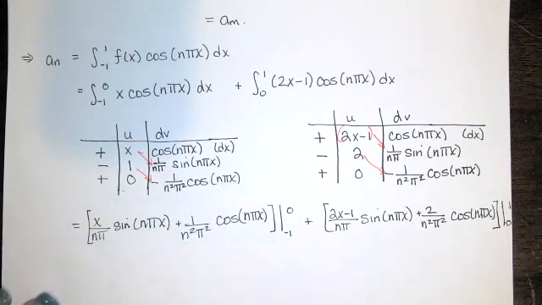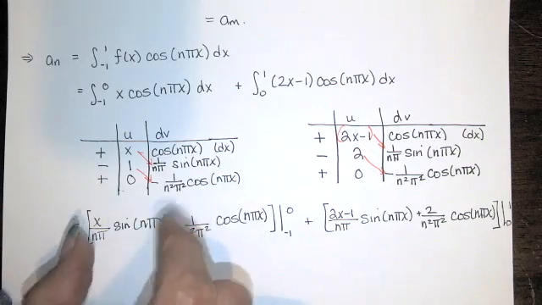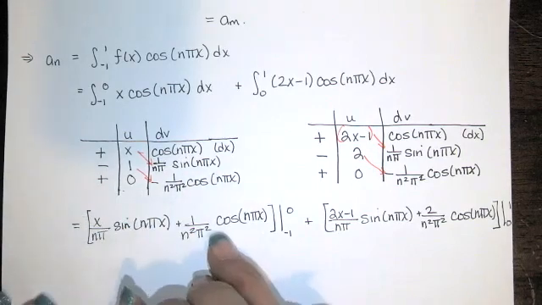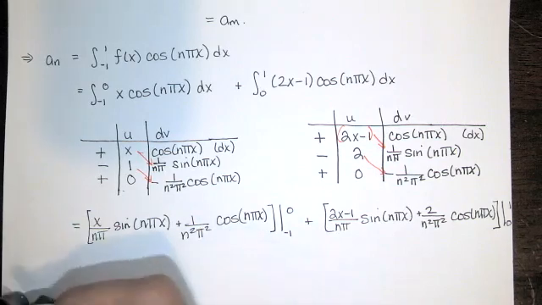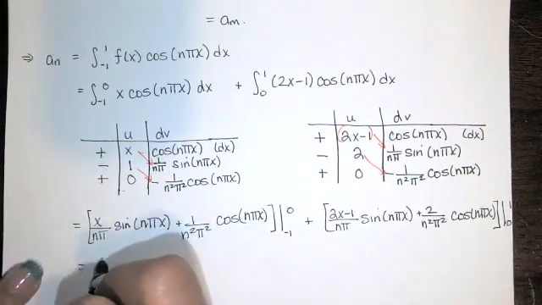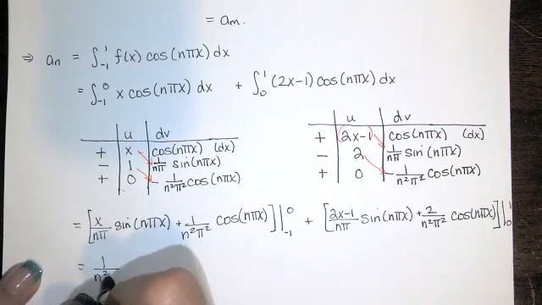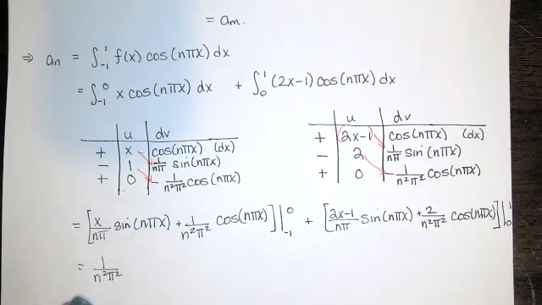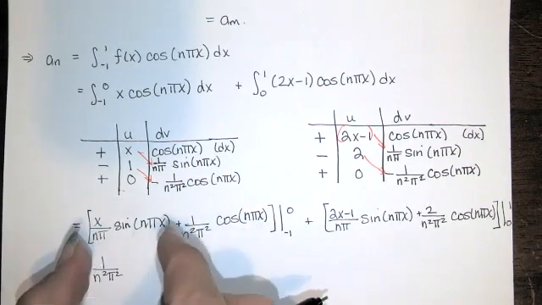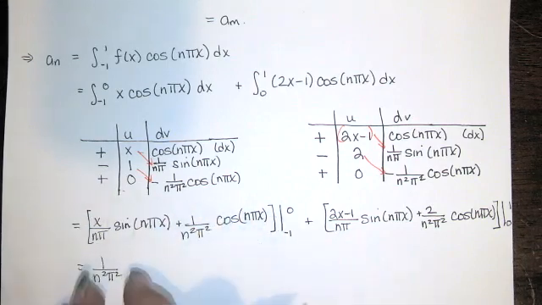Okay, now if I plug in 0 over here, I get 0 times something, so that's clearly 0. And over here, I'll have cosine of 0. Remember, cosine of 0 is 1. So this evaluated at 0 is just 0 plus this times cosine of 0, which is 1. So I just get that coefficient right there.